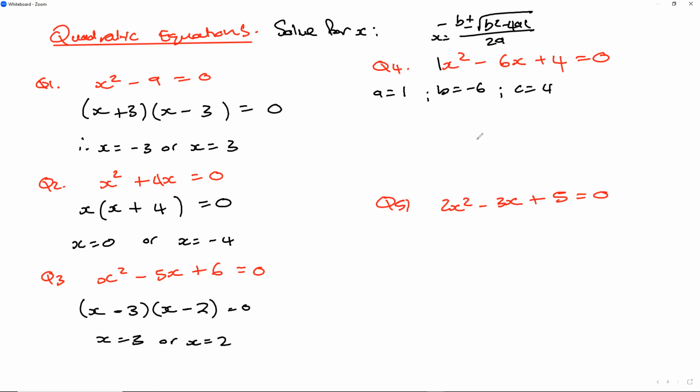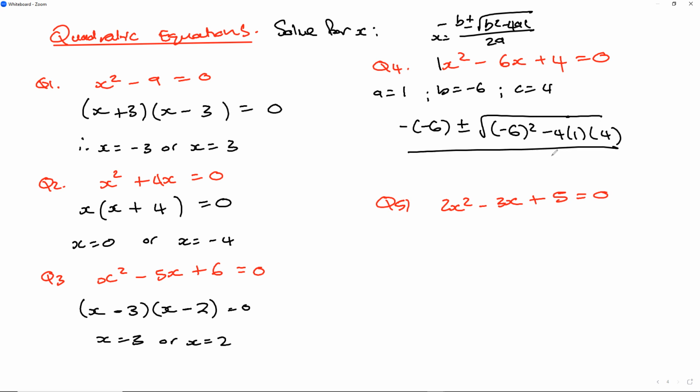And so from here, what I'm going to do is substitute it in. So minus -6 plus or minus the square root of b squared, which is -6 squared, minus 4ac, 4 times 1 times 4, all divided by 2 multiplied by 1.